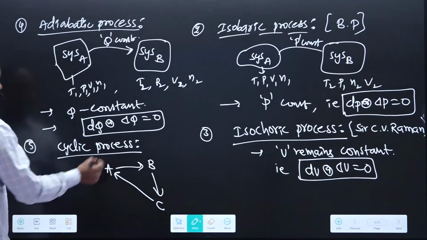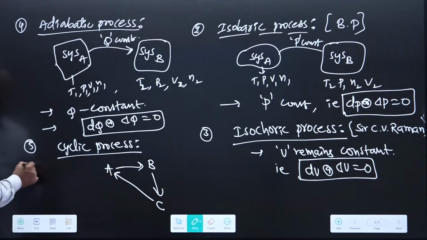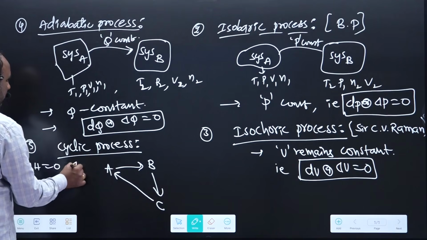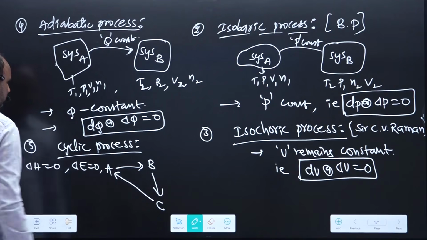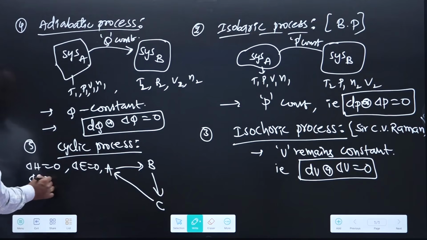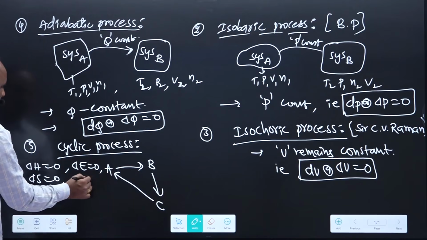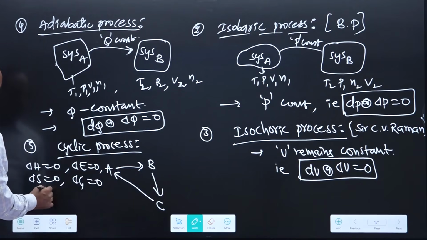So the conditions of the cyclic process: write that delta H is equal to 0. What is meant by delta H? Enthalpy. Delta E becomes 0, delta S becomes 0, delta G becomes 0, and delta A becomes 0.